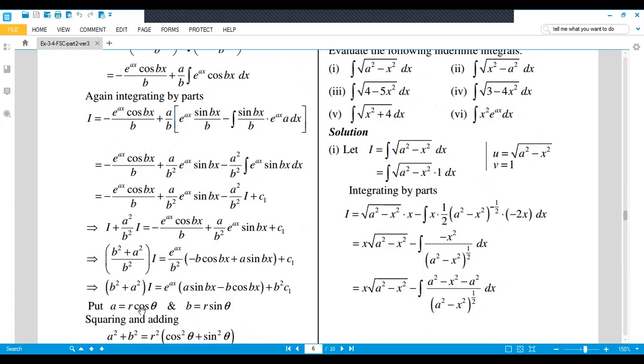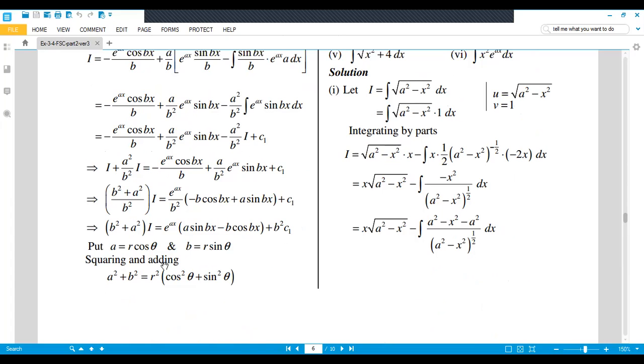So we suppose that a is r cos theta and b is r sin theta. In place of a we put r cos theta, in place of b we put r sin theta. Here b square is divided, shifted to the other side, so we'll multiply, so b square cancels and we get this.